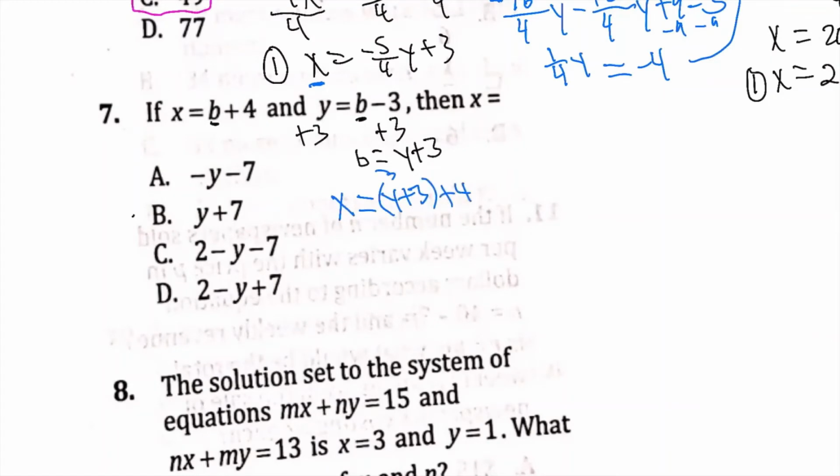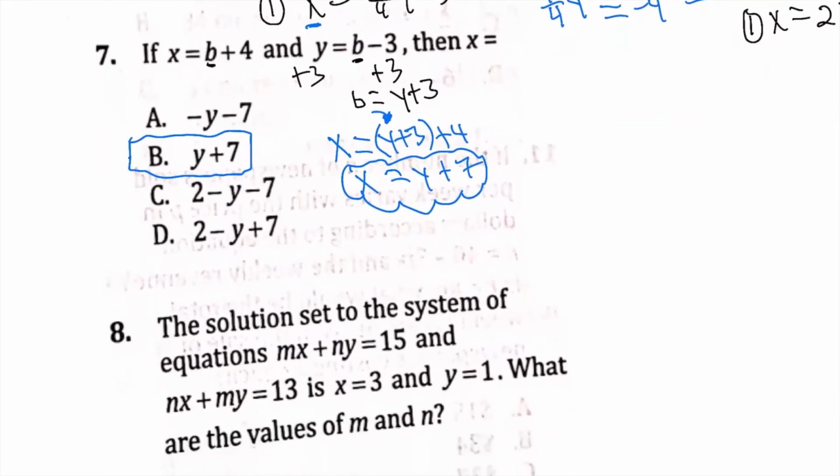This just went in here. So we just simplify. X equals y, 3 plus 4 is 7. X equals y plus 7. Nice and easy. Answer is B. Boom.